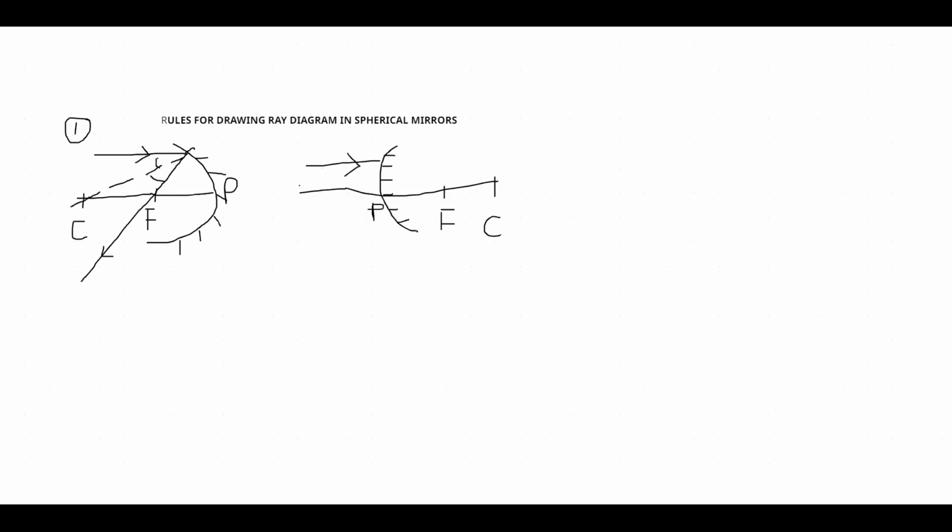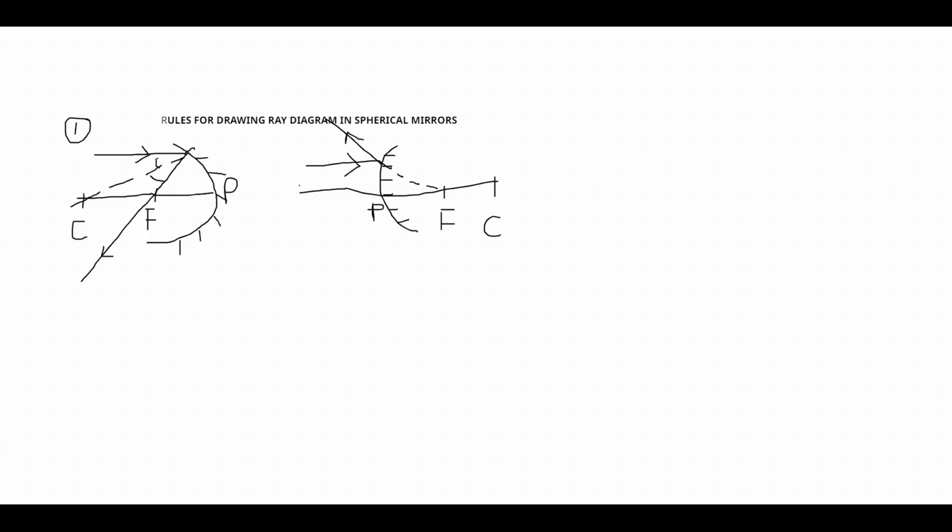Then, with the help of a dotted line, because the focus of the convex mirror is virtual, we will extend this line with dots till the focus. Because the concave mirror is a converging mirror, it will converge the ray towards the focus. And the convex mirror is a diverging mirror, so it will diverge. This is rule 1.